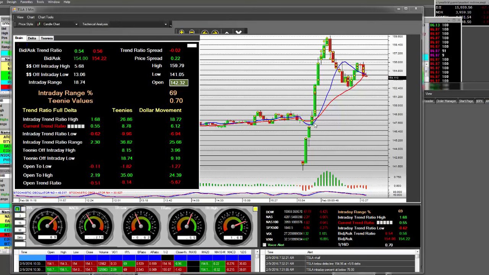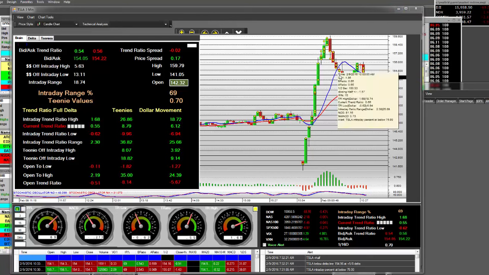Once again, Tesla, 7:33 a.m. We have exactly 1 hour and 3 minutes into this tape, 2/9 of 2016. This is how to trade that opening bell, and those are the type of moves that our market makers do in the Turbo Option Exchange.